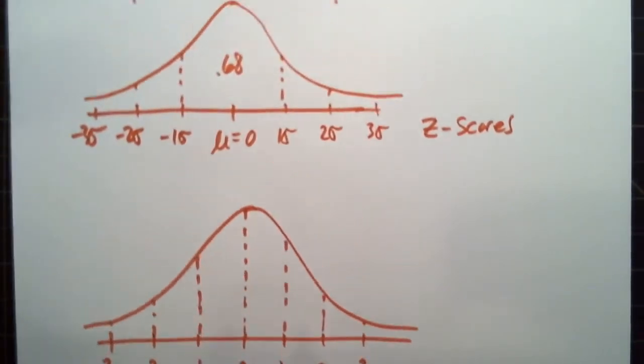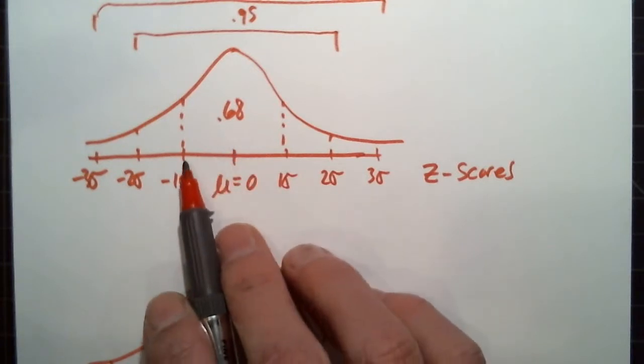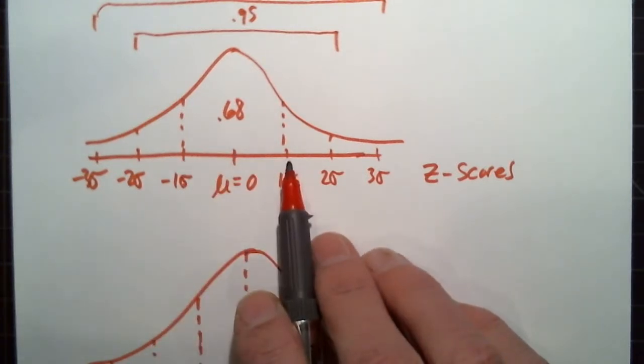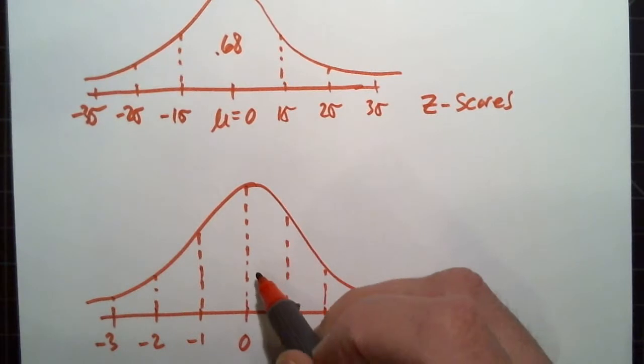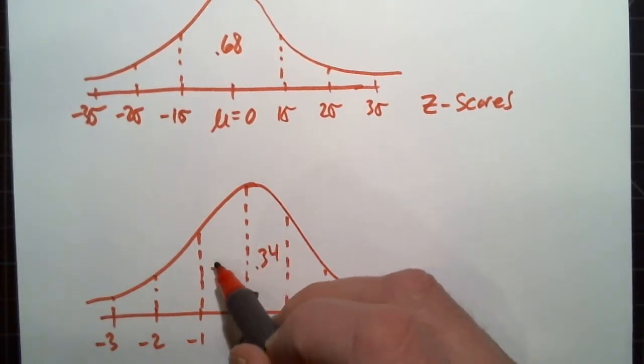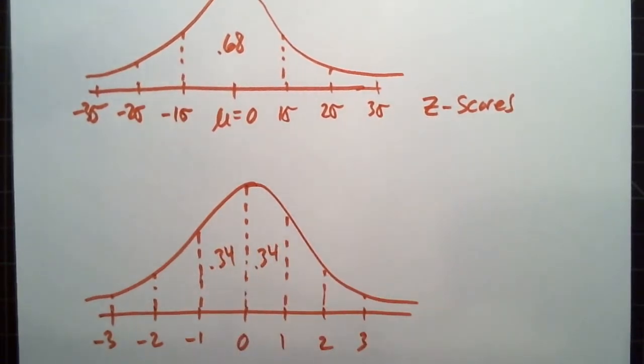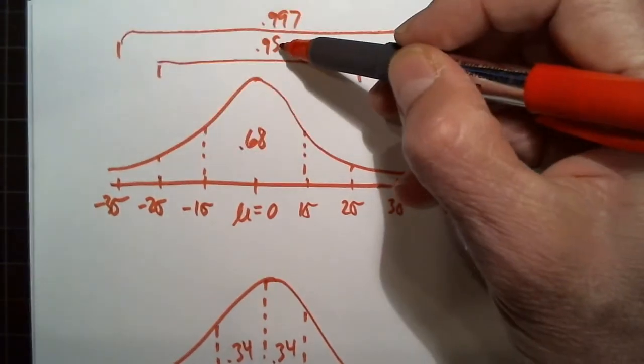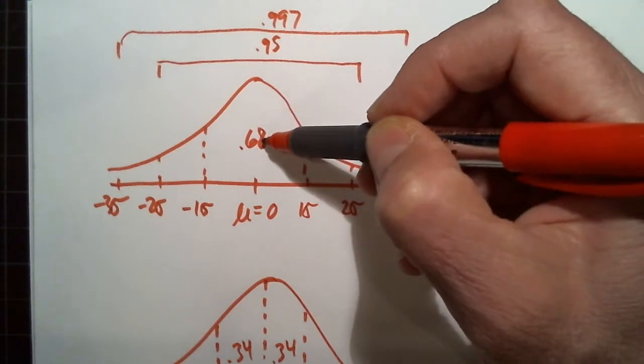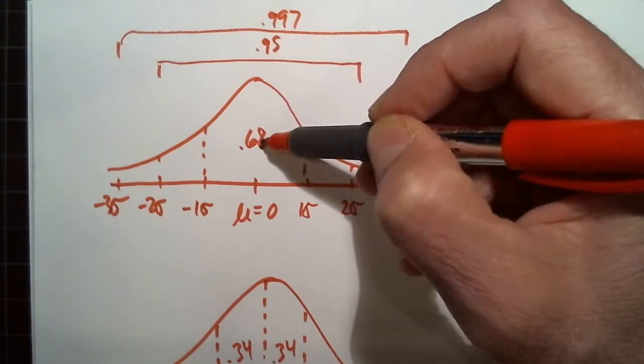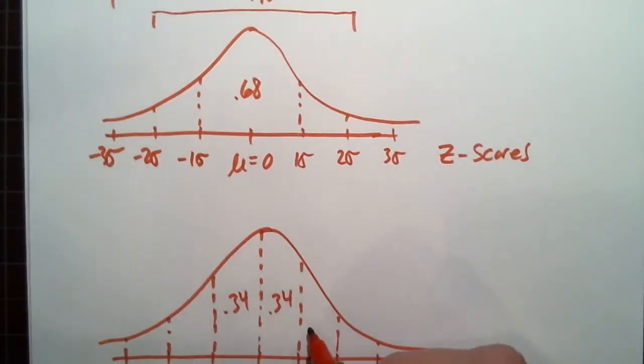So we know that 0.68 is between -1 and +1 standard deviations. So that means this would be 0.34 on each of those. If we go up here to 0.95 and subtract 0.68 and then divide by 2, we know that this leftover part will be 0.135.